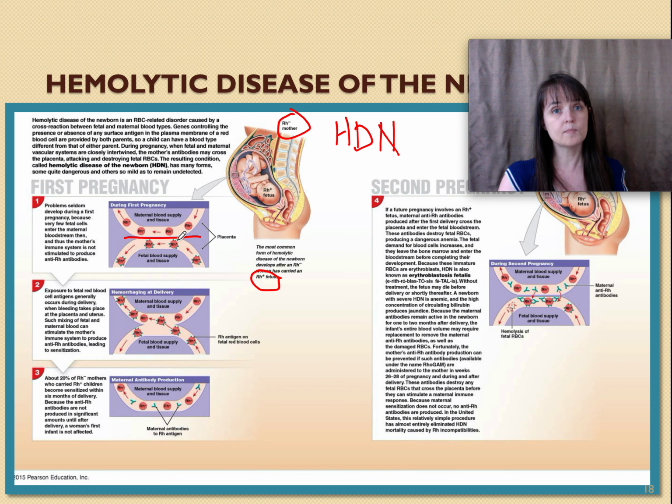So mama's red blood cells do not enter baby's bloodstream, and the fetus's red blood cells do not enter mama's bloodstream unless there is bleeding, unless this membrane is damaged.